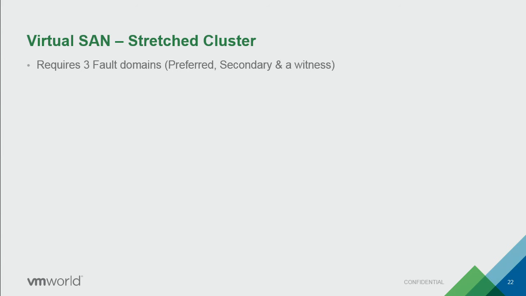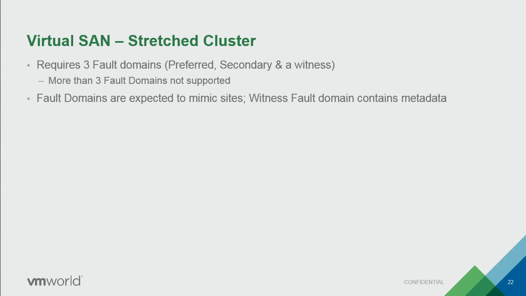The witness site is metadata only, and the primary and secondary sites will have your vSAN nodes, right? So we support 3 fault domains. This is based on the fault domain concept of vSAN, and with this release we support 3. We don't support 5 or more than 3. And these are expected to mimic sites. Fault domains could be in a single site, but typically with stretch cluster, we are talking about multiple sites here.